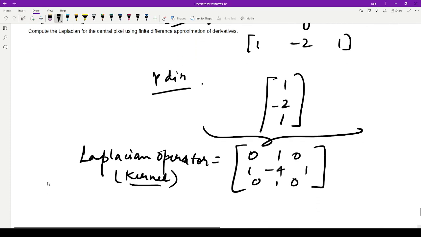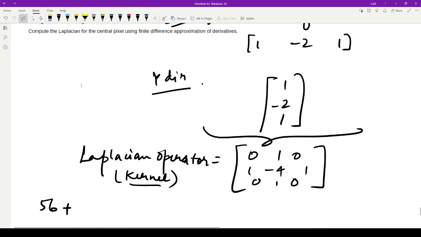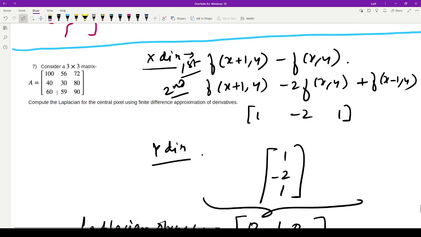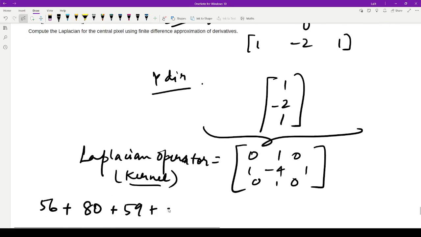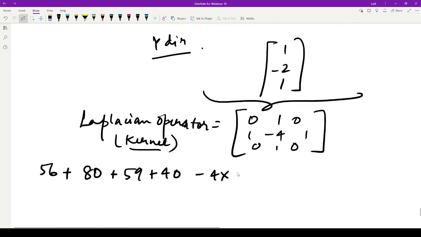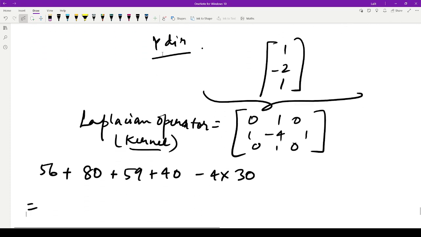When I take this one and multiply it with this, it is 80 into 1 plus 59 into 1 plus 40 and minus 4 times 30.